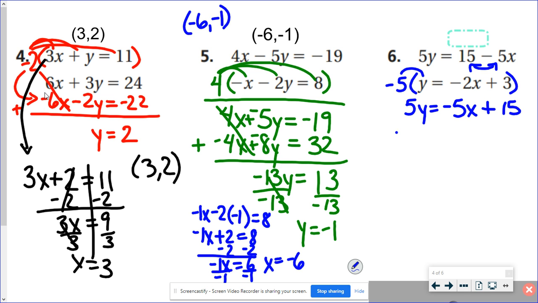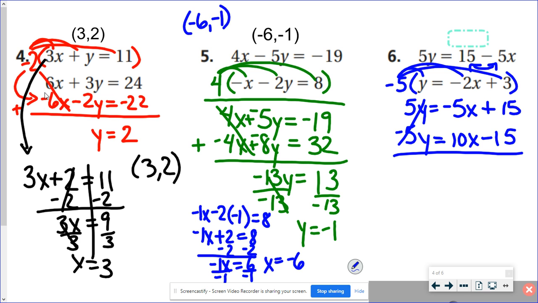That'd give me a negative 5y, positive 10x, and negative 15. So those will go away. I do need something there. It's got to be a 0. Negative 5x, positive 10x, that's 5x. Negative 15 plus a negative 15 is 0. That goes away.